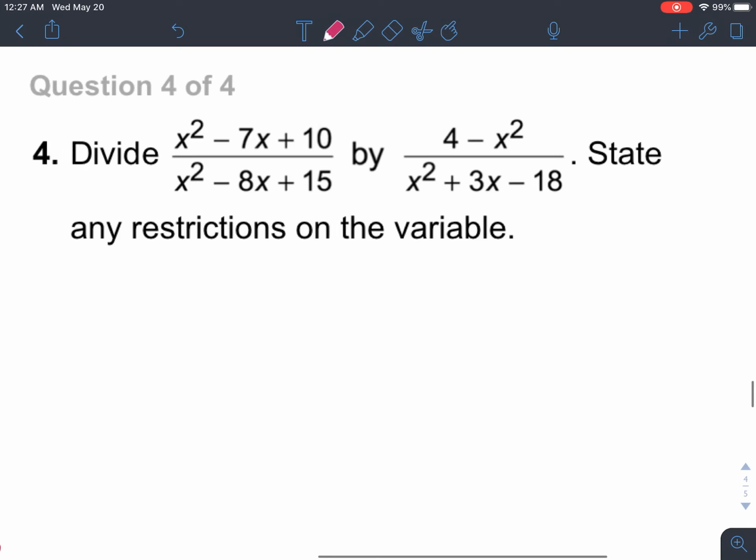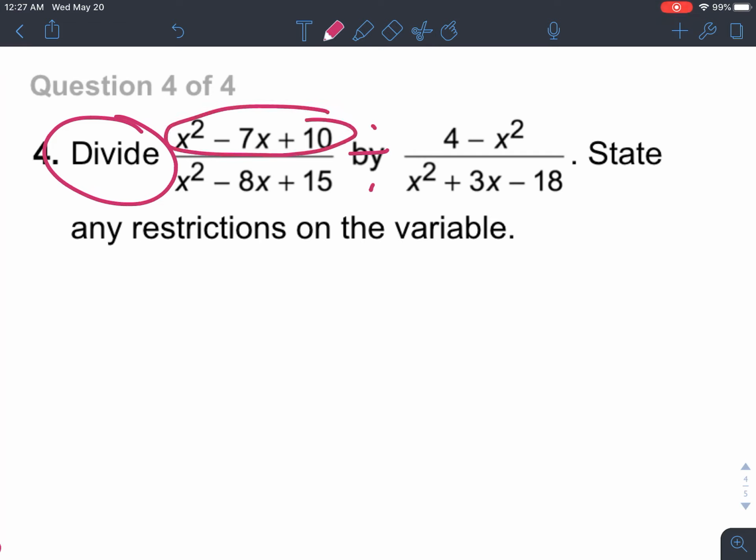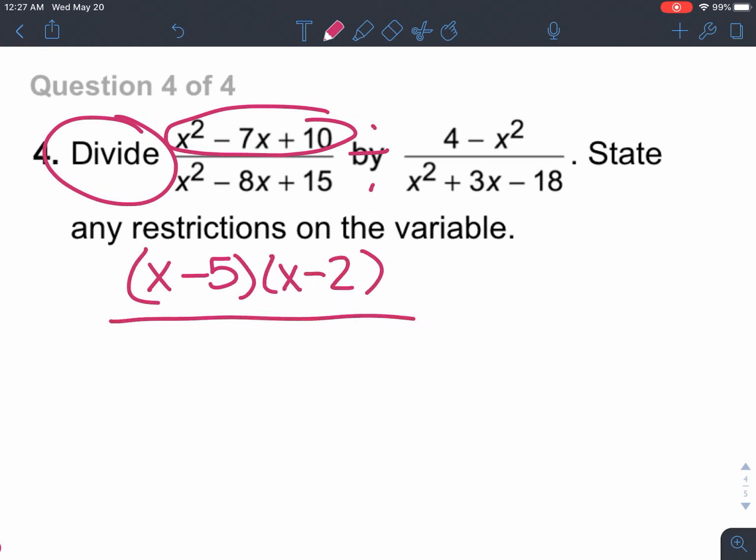Okay, last one. Now we're dividing. So I don't know why they did that and they didn't just put the symbol there, but whatever. So I'm going to factor this top. X minus 5, x minus 2. This bottom, x minus 5, x minus 3.